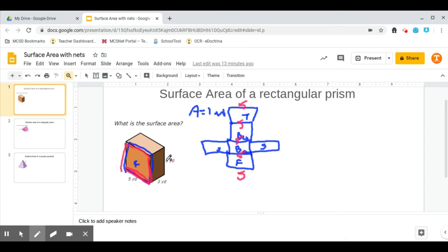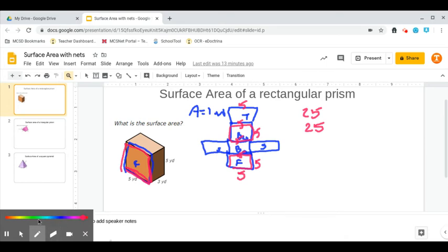That makes the front, and we know that that is also 5. So the area of this right here, 5 times 5 is 25. Okay, the back is also 25. So we have completed the front and the back.